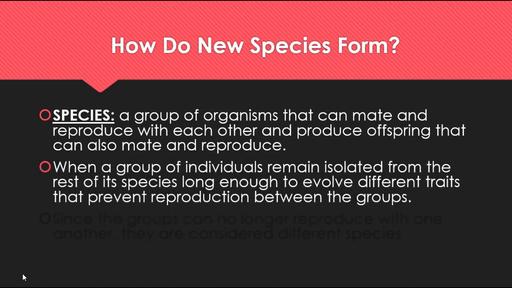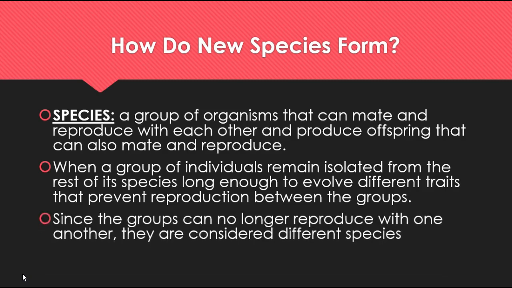When a group of individuals remain isolated from the rest of its species long enough to evolve different traits that prevent reproduction between these groups, then these two groups separate and form new species.